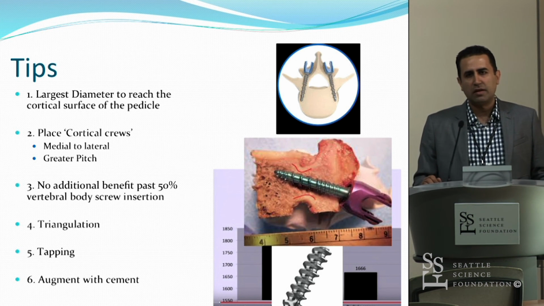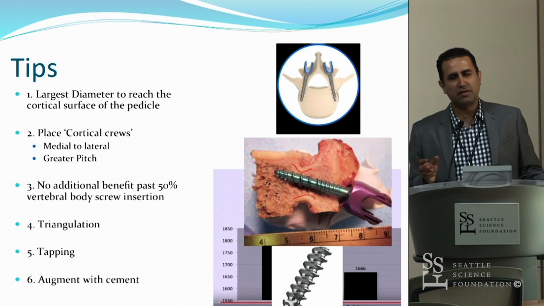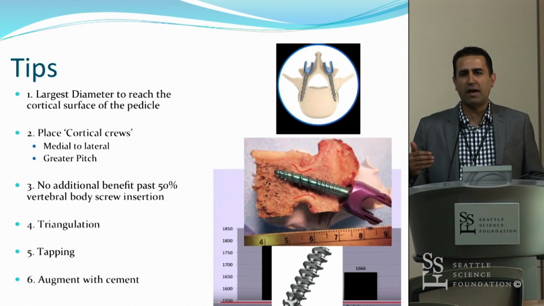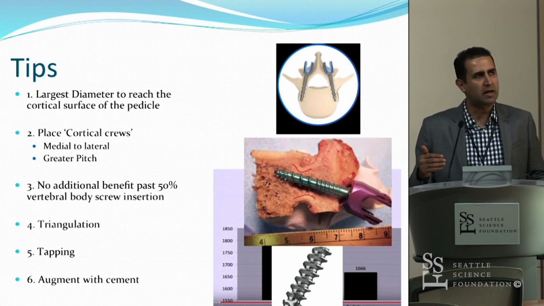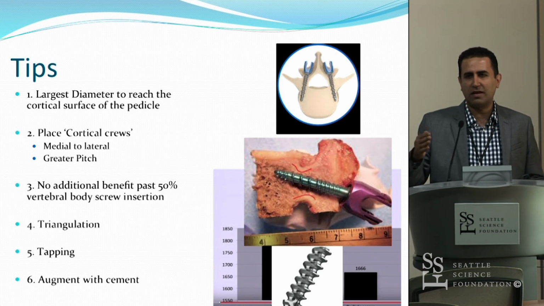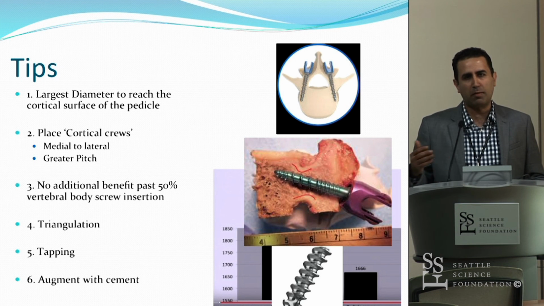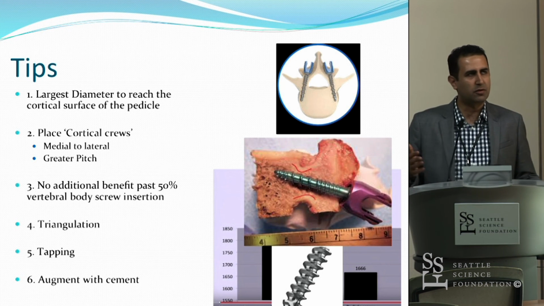Here's another point. There is no additional benefit from extending the screw past about 50 to 60% of the vertebral body. So if you're way past the pedicle and you're at the 50% yard line, you're not going to gain anything by going right to the end. In fact, the problem obviously with parallax is that on a lateral image you put in a screw that goes to the tip.